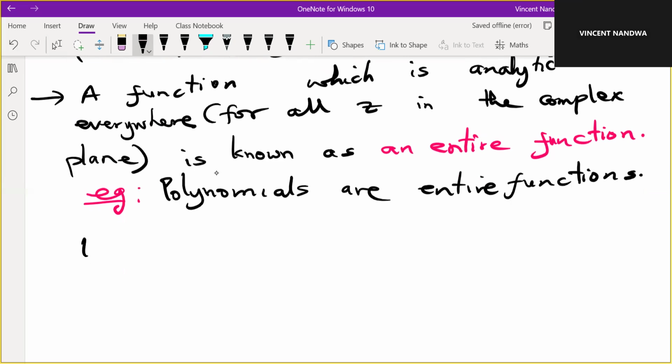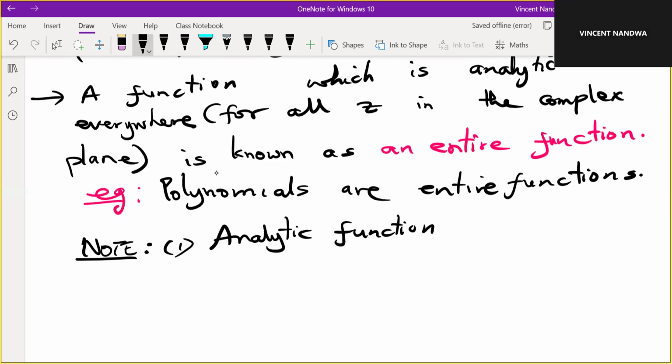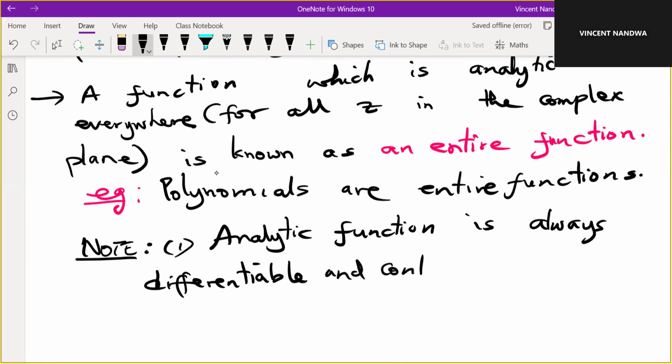And then some of these results from calculus are obvious. One, an analytic function is always differentiable and continuous, but the converse is not true.